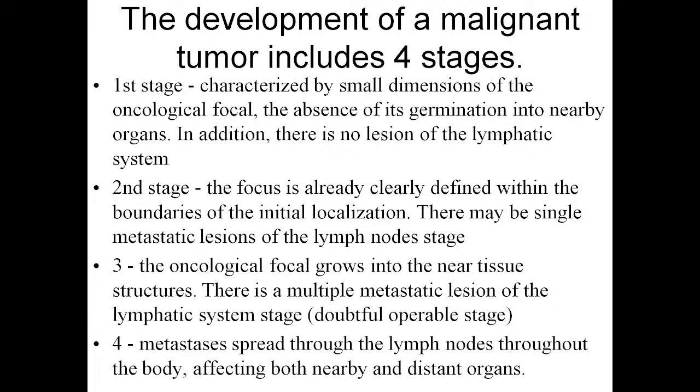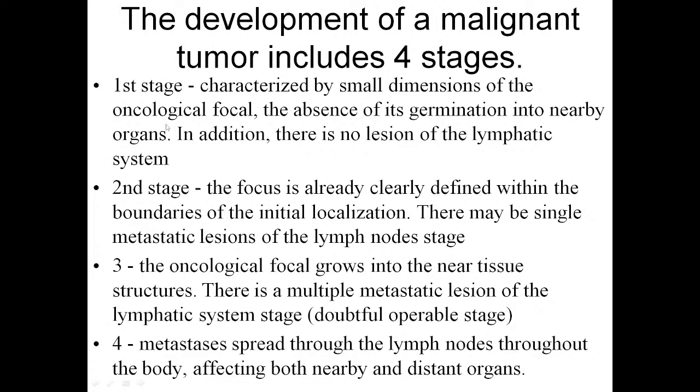Student, the first and second stages are called the operable stage. What does it mean? If we have a patient with the first or second stage, it's an operable stage. This patient needs surgery, and the results of the surgery are successful.